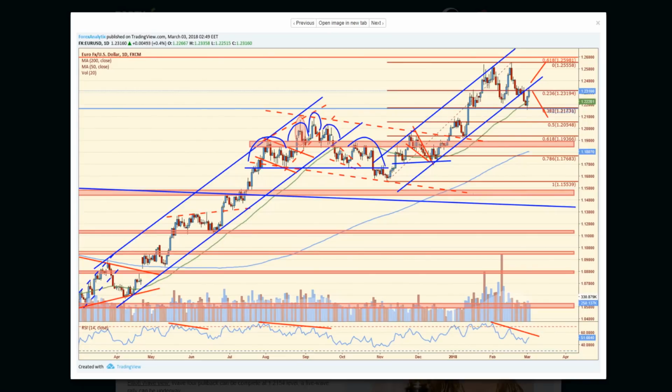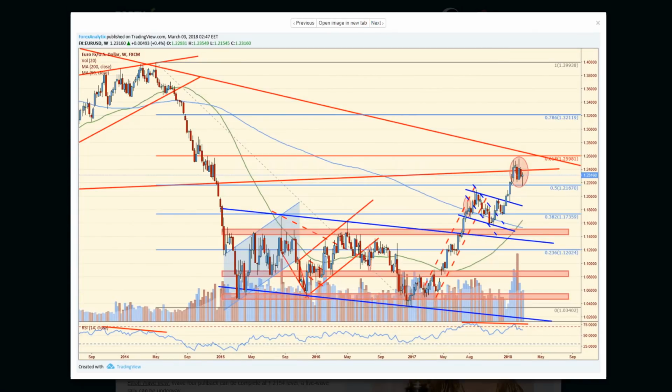Now, you might go, okay, Blake, if we're going to challenge new highs, what's next? Well, what's so important about this new high, if we do manage to make it, is that we have a multi-year trend line that comes in to the market right around 126.50, 126.30, and if that breaks, that could be very dangerous for the dollar itself.